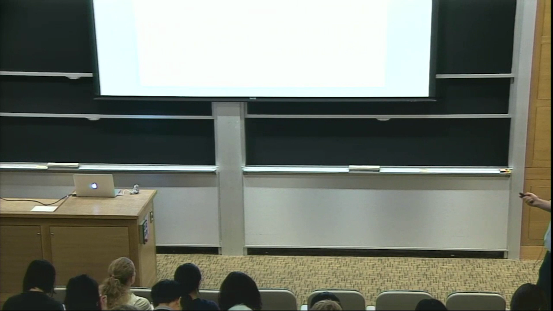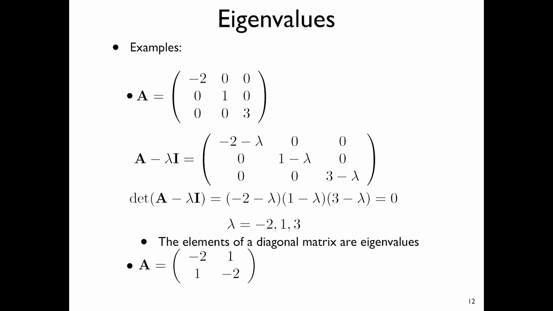Let's do an example. Here's a matrix with -2, 1, 3 on the diagonal, and zeros everywhere else. We'd like to find the eigenvalues of this matrix. We need A minus lambda I and its determinant. Here's A minus lambda I; we just subtract lambda from each of the diagonals.